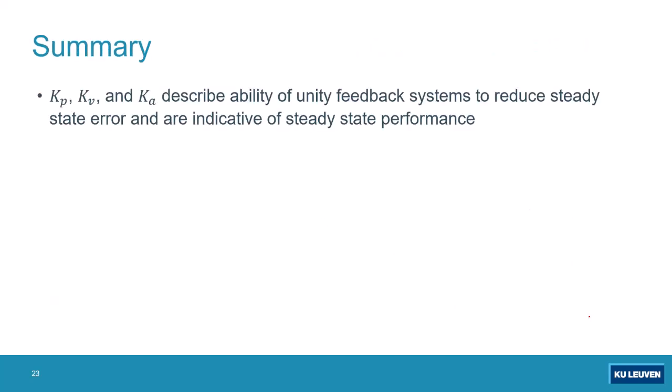In this slide, I will summarize what we have already discussed in the last 3 short videos. Kp, Kv, and Ka, the static position error constant, static velocity error constant, and static acceleration error constant, describe the ability of a unity feedback system to reduce steady state error. And these values are a good indicator of steady state performance, right?